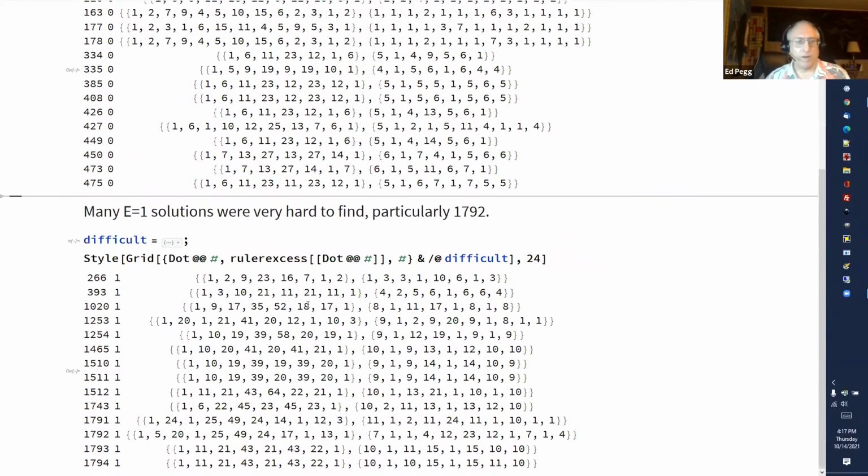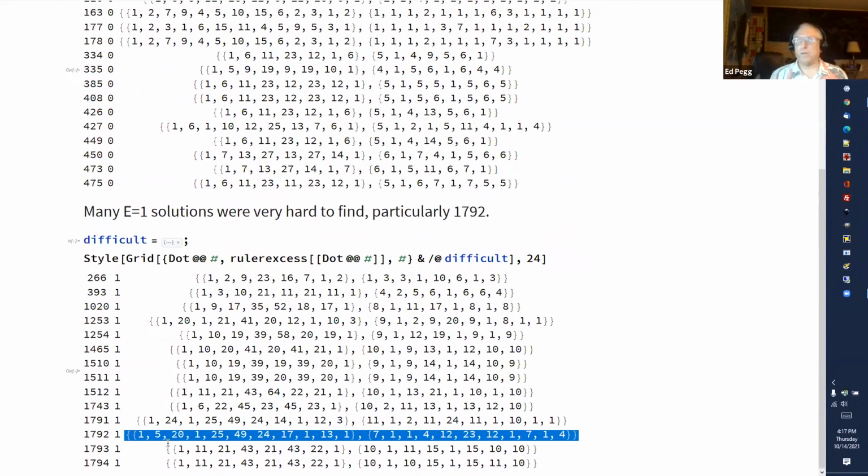The hardest one to find was this one, 1792. That was a difficult value for a year, before one of the programs that I had running every night on an old 15-year-old laptop finally came up with a solution after a whole bunch of different iterations of randomness.